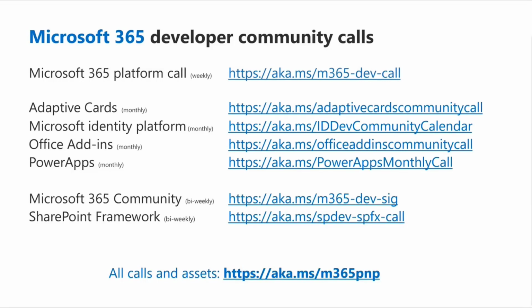We also have the Thursday community calls, kind of demo-led, so the Microsoft 365 community and SharePoint Framework calls happen on Thursdays at 7 a.m. Pacific time. Again, too many URLs, I can't remember any of them. Only one URL to remember, again, is M365 PnP.